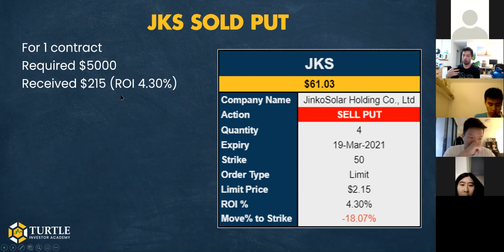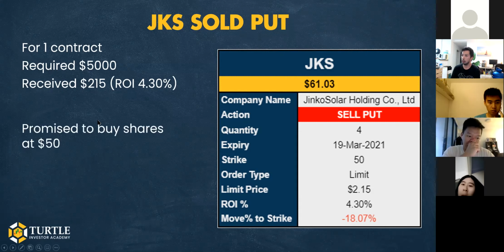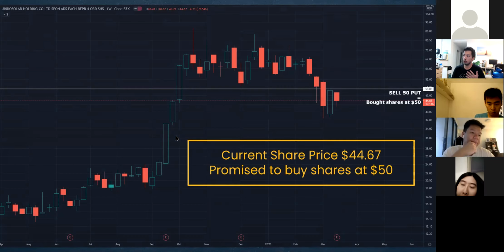But in a situation like this, as we explained in our moneymaker course, when you sell a put on any position, you are obligated to buy the shares. In this instance, we promised to buy the shares at $50. The current share price is around $44.67, which is below $50.